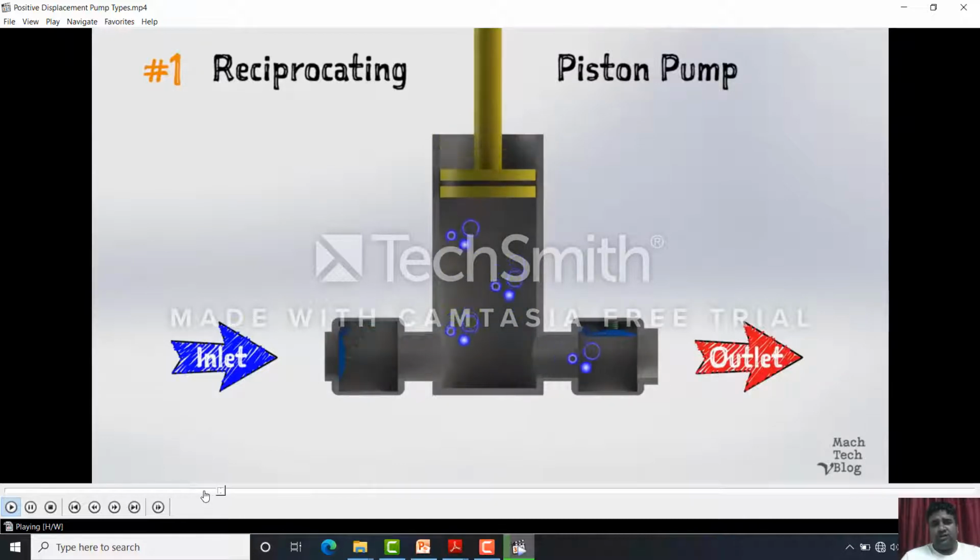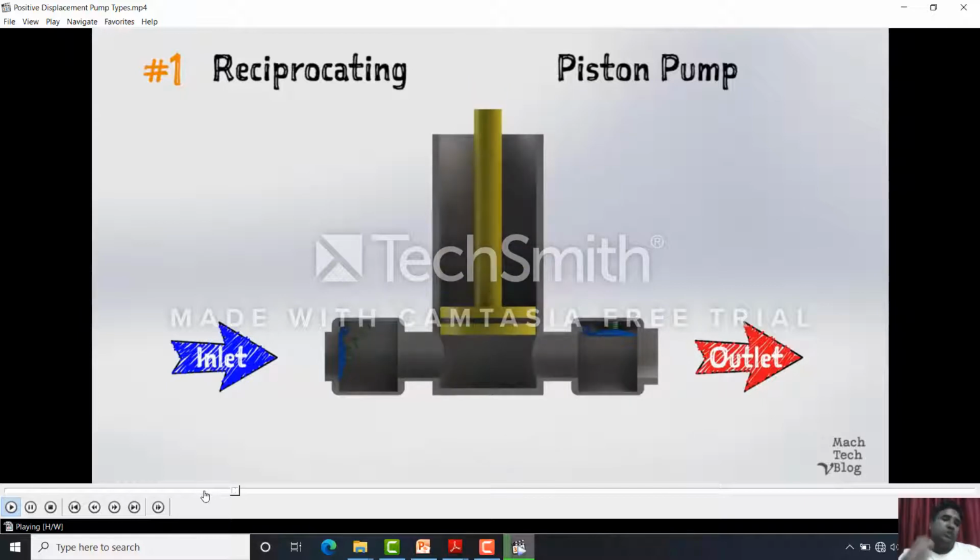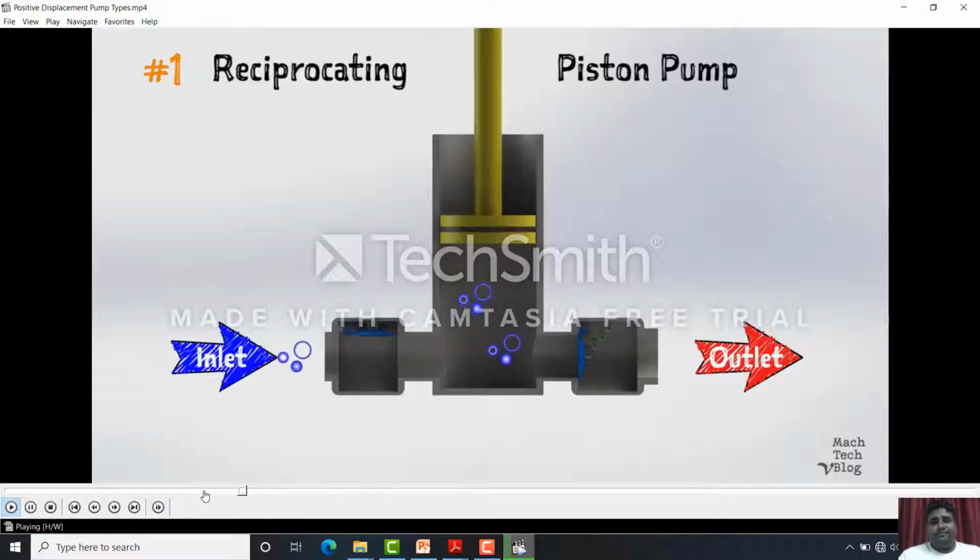Those have entered. Now these water molecules will move out. So this is the example of a reciprocating pump, and it is a part of the positive displacement pump. So I think you understand about the reciprocating pump.